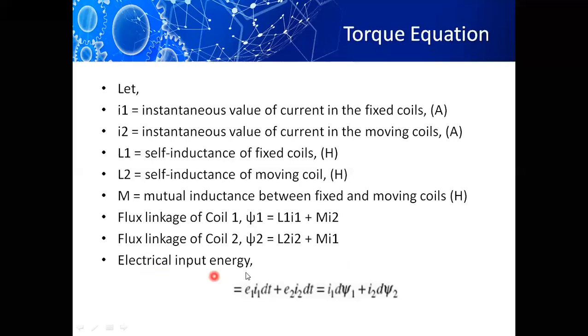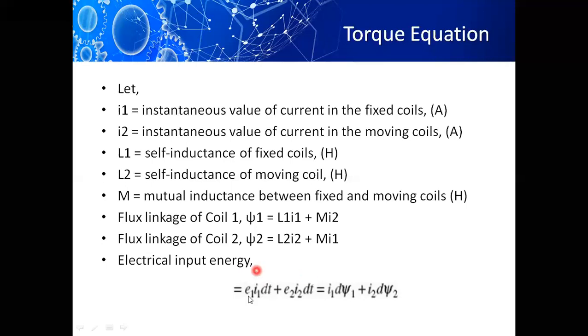Electrical input energy is equal to E1 I1 dt plus E2 I2 dt. Here we are just trying to write the input energy. Energy is power into time, so for a small infinitesimal time, it is going to be E1 I1 dt plus E2 I2 dt.